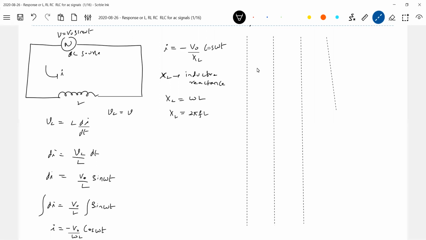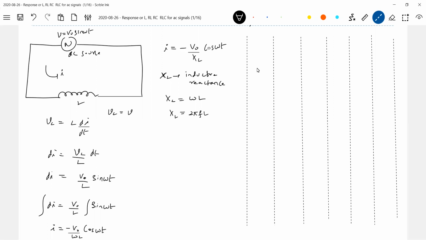So everything has to be plotted here. First the applied signal is sine omega t.